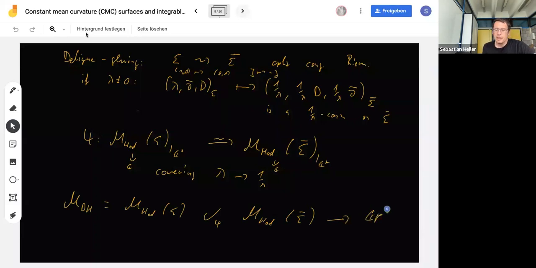If we restrict to the Hodge moduli space of sigma, it's just the map pi. But then, the gluing is lambda goes to 1 over lambda. So the Hodge moduli space of sigma bar at lambda 0 would correspond to infinity with respect to this projection. So this is exactly the compactification we are after.